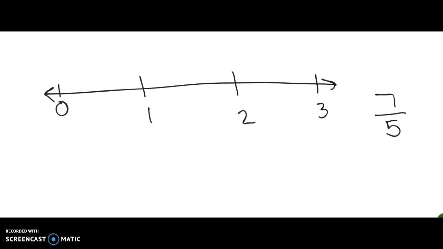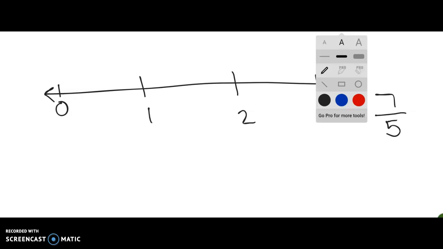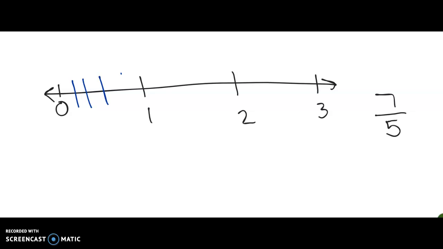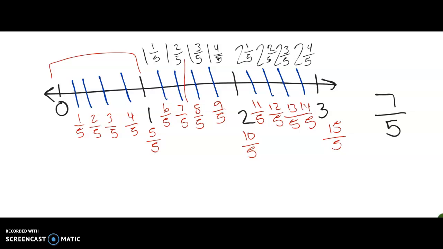Now that you know it's 7/5, we know that there's going to be 5 parts. 1, 2, 3, 4, 5. Go ahead, pause the video and solve it. Okay, welcome back. So our answer should be 1 and 2/5 or 7/5.